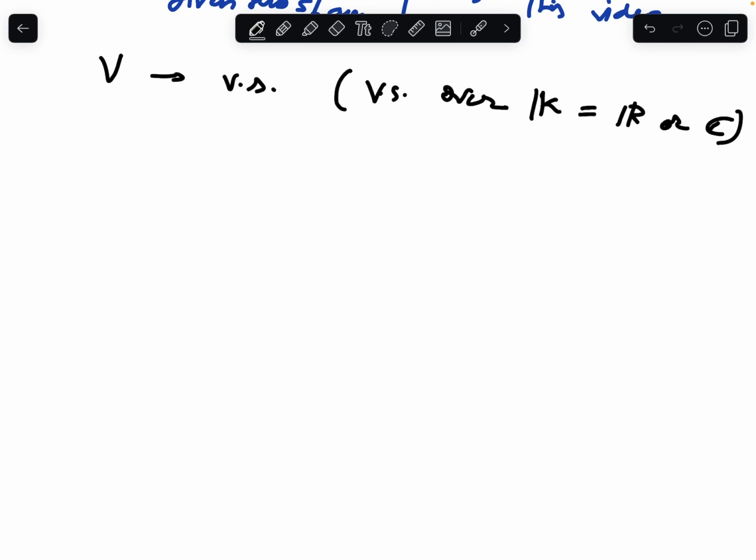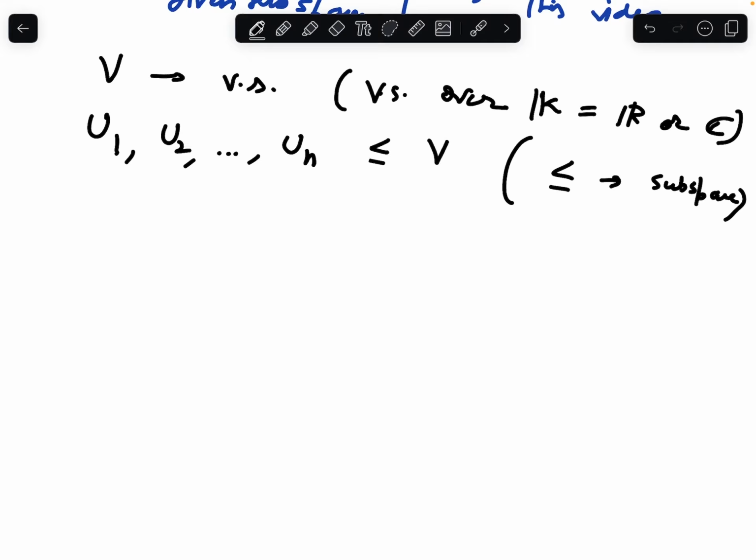Okay. So V is a vector space, and suppose that U1, U2, ..., UN are all subspaces of V. Recall from my last video, I said that I'll be using this as a symbol for subspace.